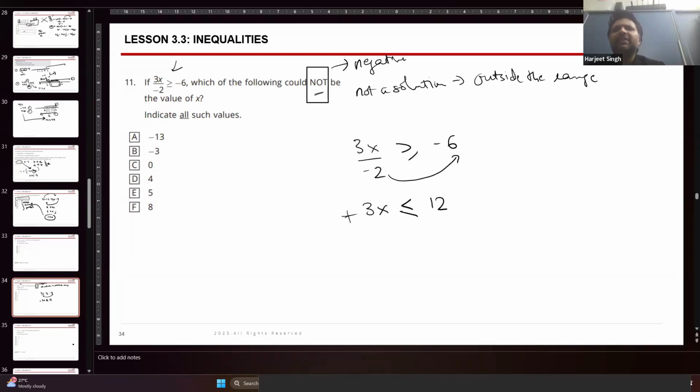So 3x less than or equal to 12, and the sign flips because you're multiplying by minus 2. So x less than or equal to 4. So what is not a solution? 5 and 8. All these are greater than 4. So the others are solutions and cannot be the right answer. What are not solutions are the right answer. Perfect.